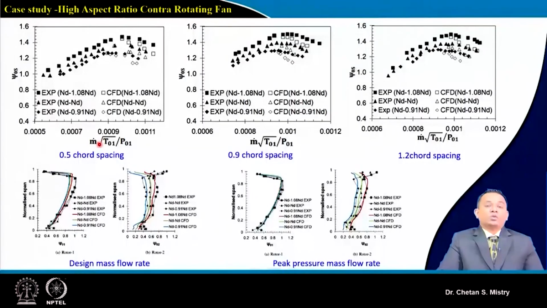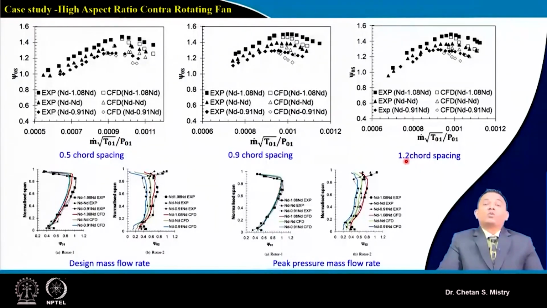Suppose we are designing a multi stage configuration for counter rotating application, at that time the spacing between these two rotors is very important. So this is representing 0.5 chord axial spacing, 0.9 chord axial spacing and 1.2 chord axial spacing.